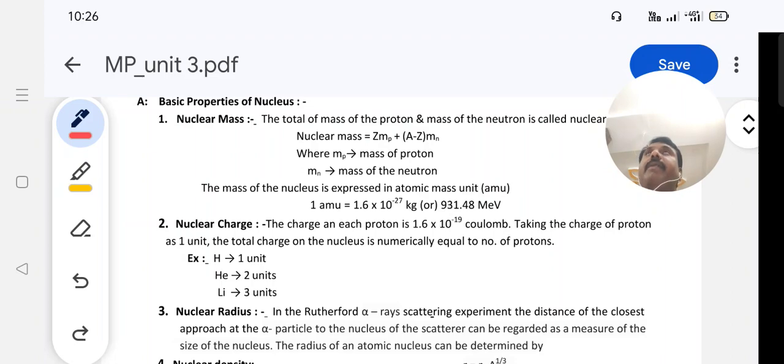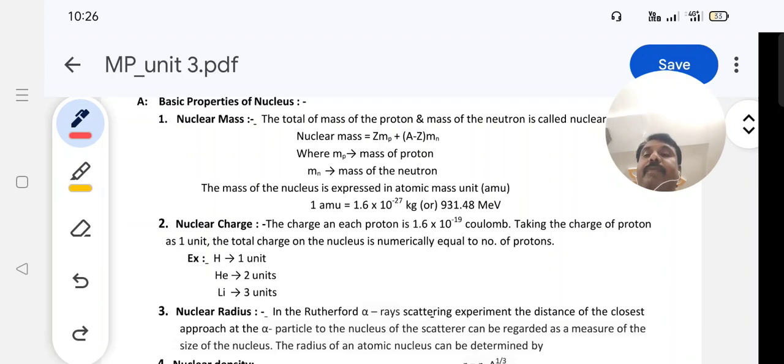Hence, if a nucleus has Z protons, then the charge of that nucleus will be equal to Z times 1.6 into 10 power minus 19 coulombs.